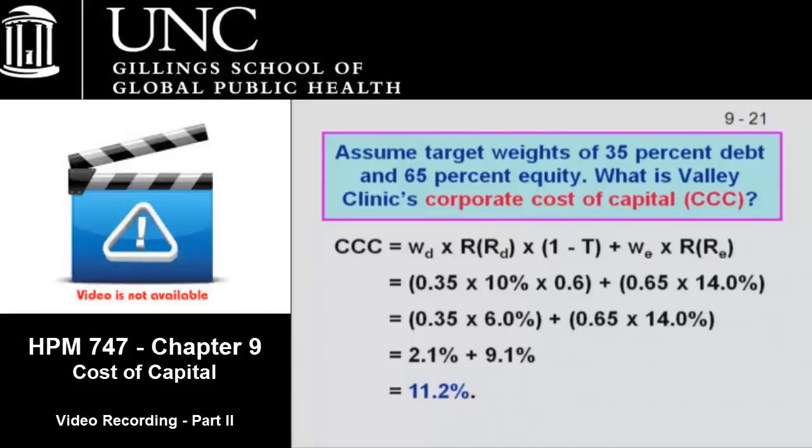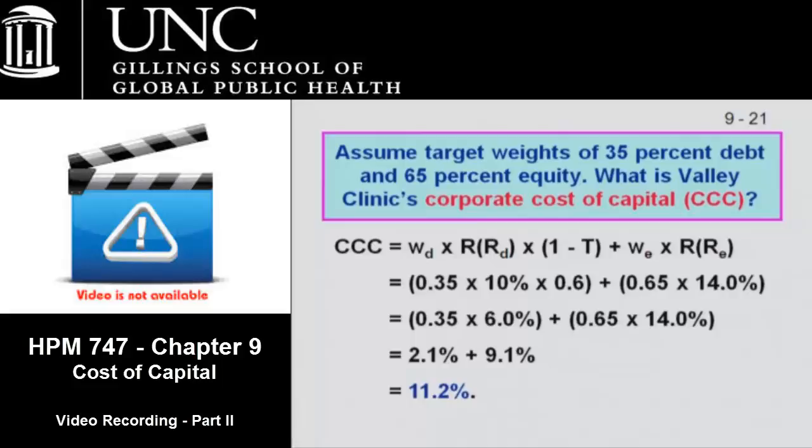So what does that 11.2% mean? It means that each dollar of new capital will consist of 35 cents of debt at an after-tax cost of 6% and 65 cents of equity at a cost of 14%. So I'll just repeat that.